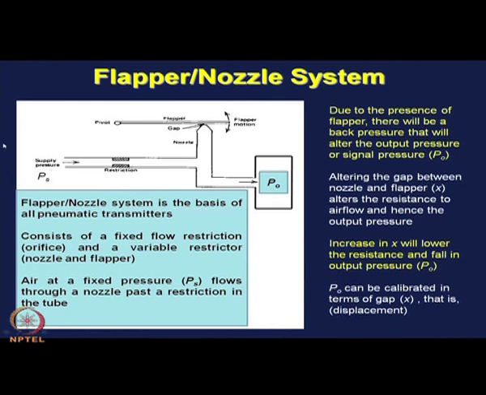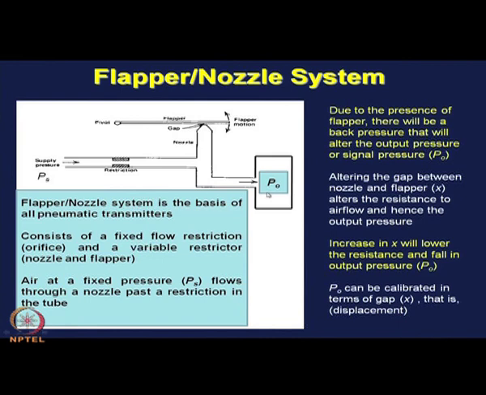Altering the gap between nozzle and flapper alters the resistance to airflow and hence the output pressure. Increase in X will lower the resistance, that means increasing the gap between the flapper and the nozzle will lower the flow resistance and cause a fall in the output pressure.